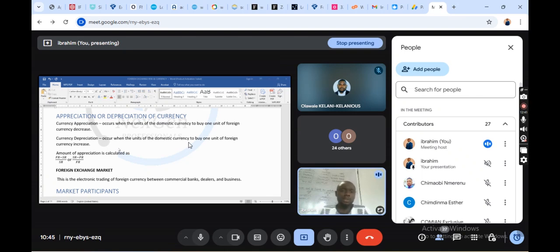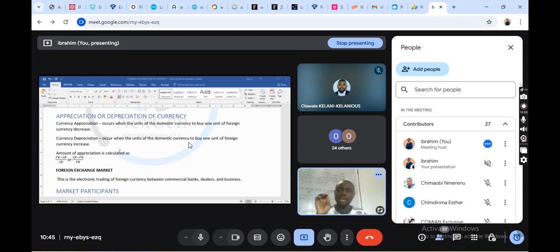Because you have a spot rate of 160 naira to $1. Is the naira appreciating? No, because 160 is higher than $1.